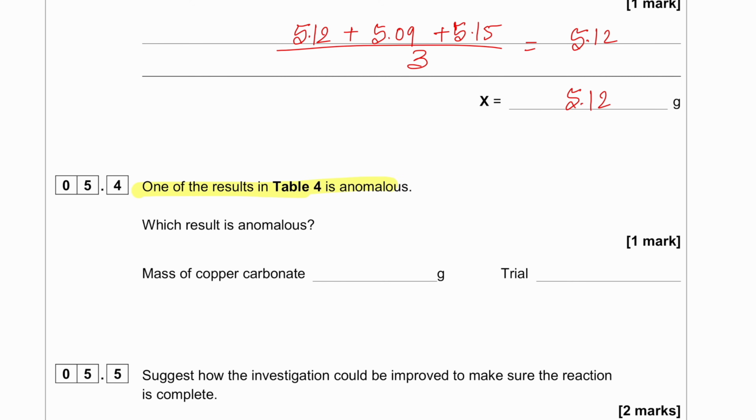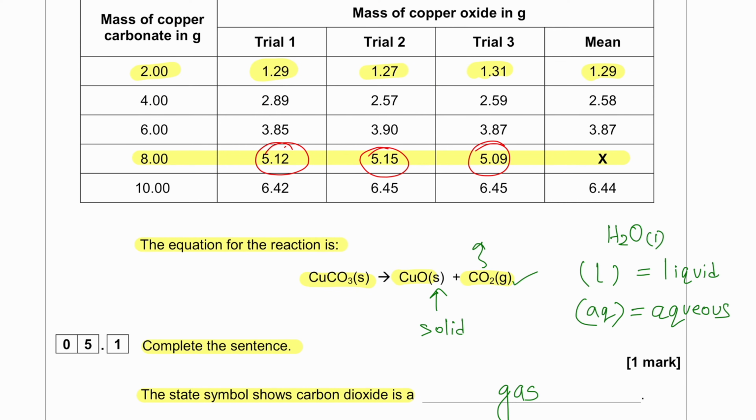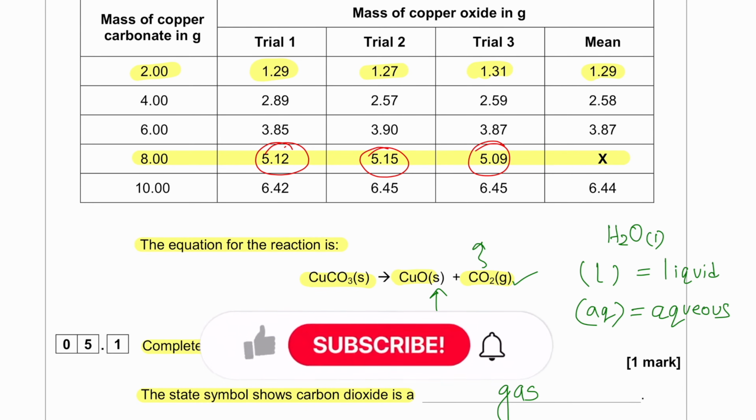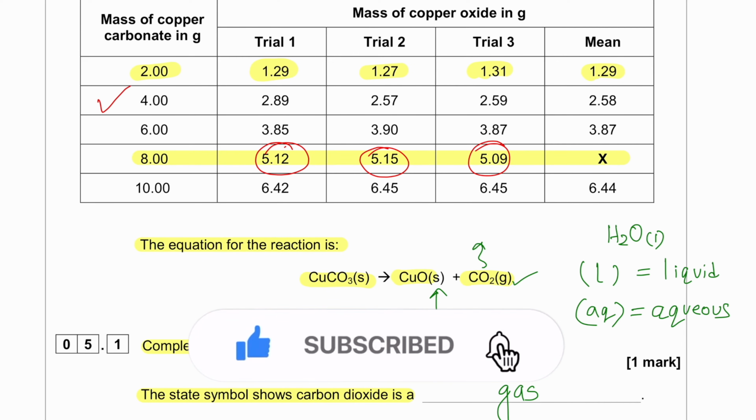One of the results in table 4 is anomalous. Which result is anomalous? When they say something is anomalous, it basically refers to something that does not match the trend. It's off the trend. It must have a really big difference, which doesn't match all of the other values. If you notice carefully in the second line, 2.89, 2.57, 2.59, and 2.58 is the average.